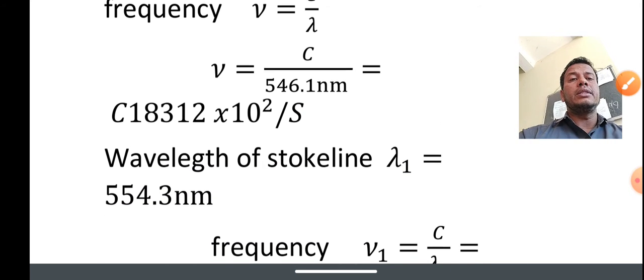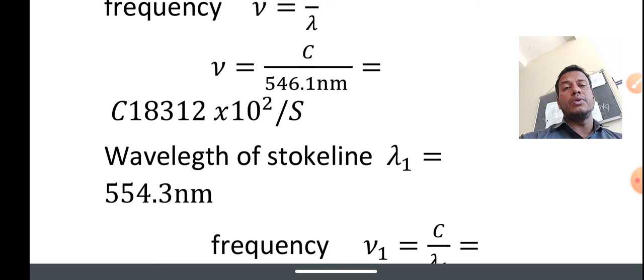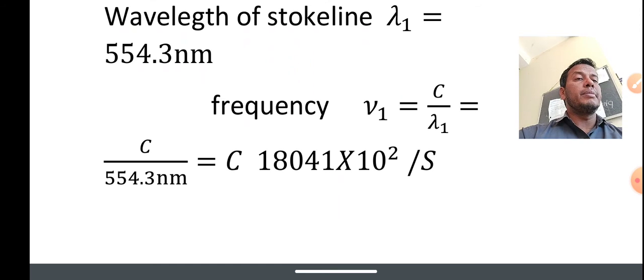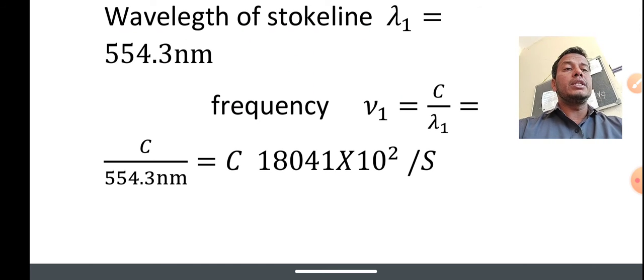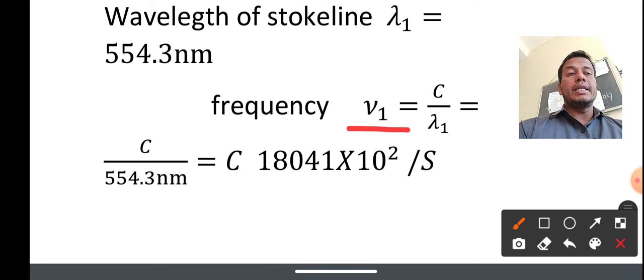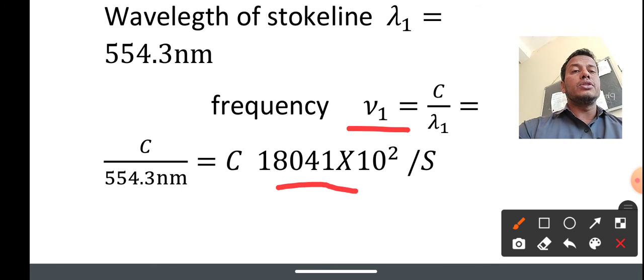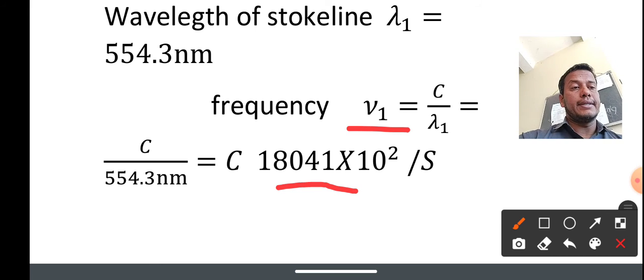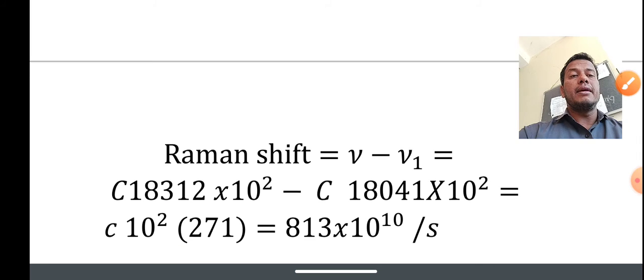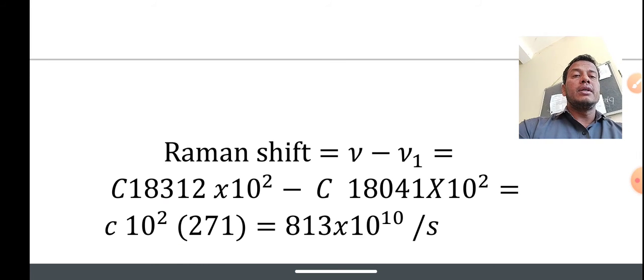For the wavelength of the Stokes line, lambda 1 is given as 554.3 nanometer, and the frequency can be calculated using nu 1 equal to c by lambda 1, keeping c as it is, divided by 554.3 nanometer, that is c into 18041 × 10^2 per second. And the Raman shift is the difference nu minus nu 1.